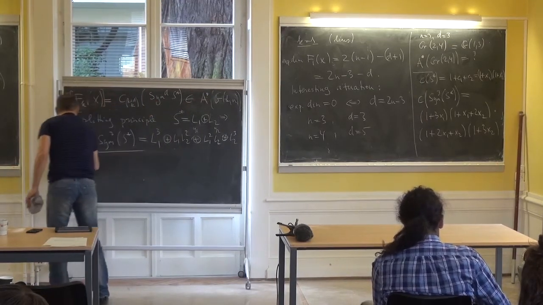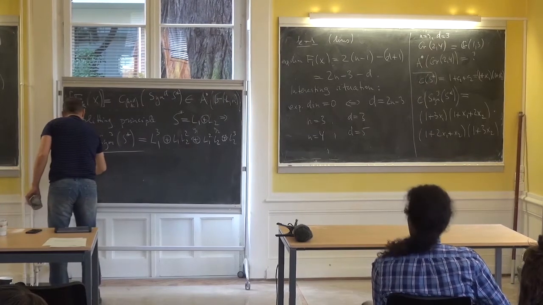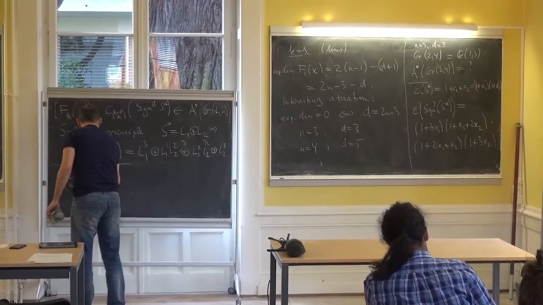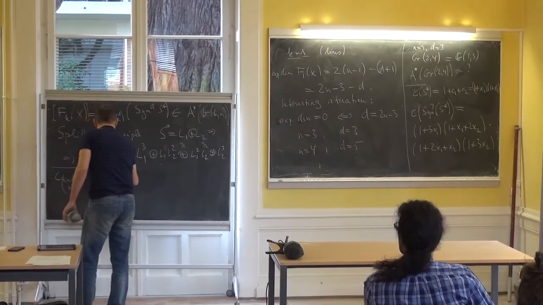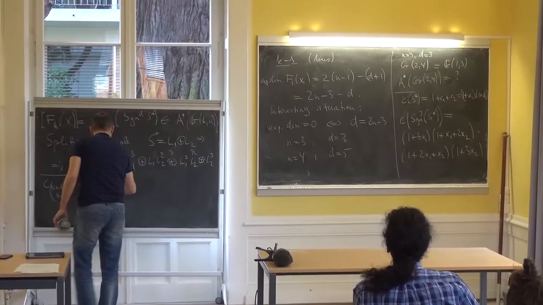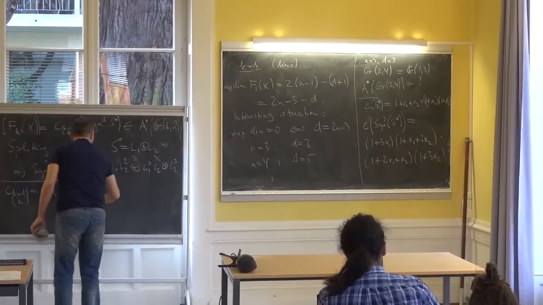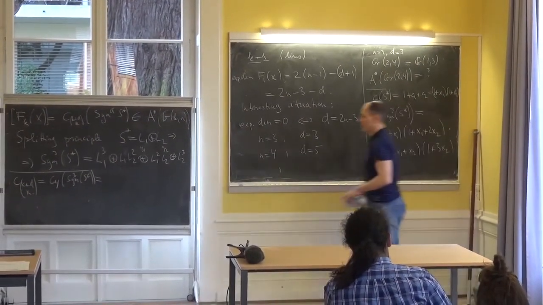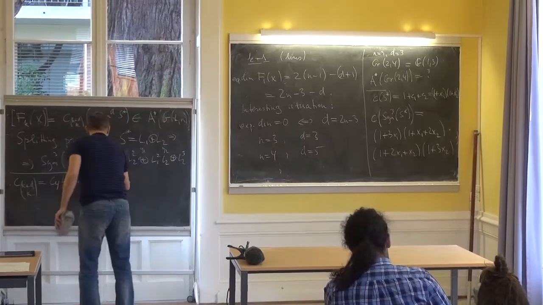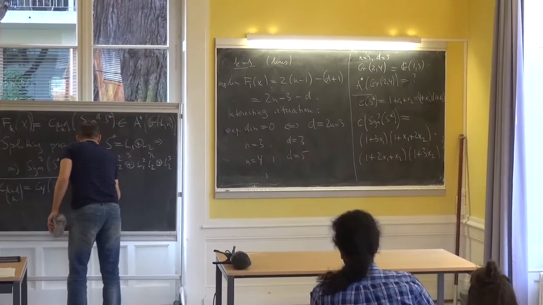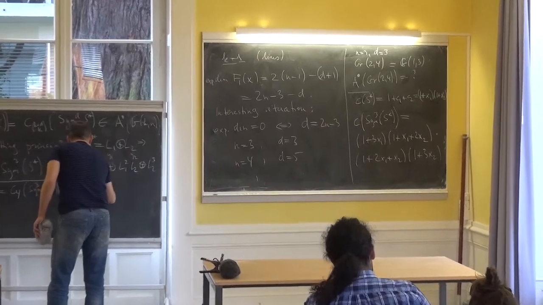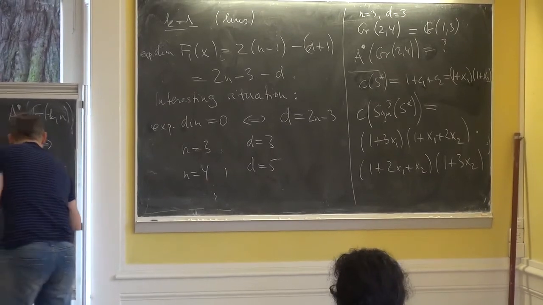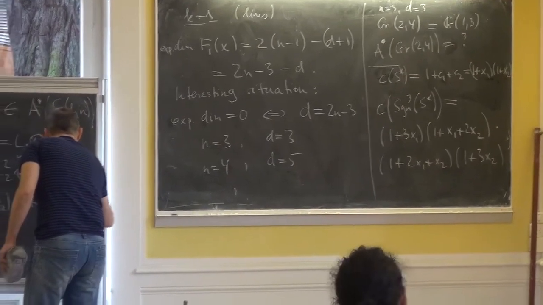So k is 1 and d is 3, so that's just C4 of this bundle Sym^3 of S dual. That's going to be the top Chern class, so that's just the product of these things: 3x1 times 3x2 times x1 plus 2x2 times 2x1 plus x2.